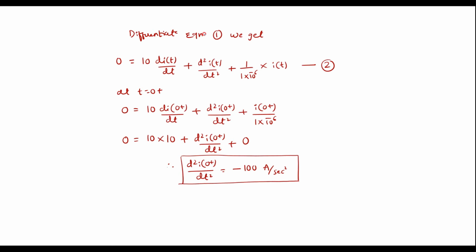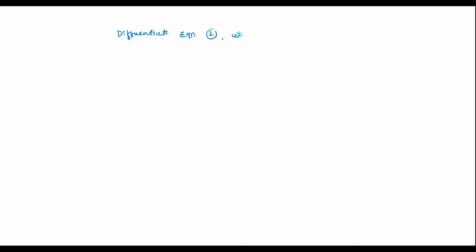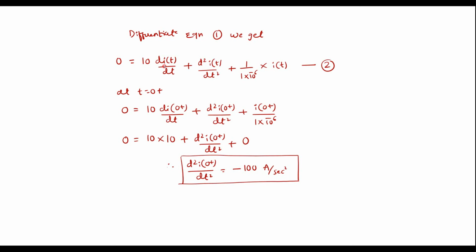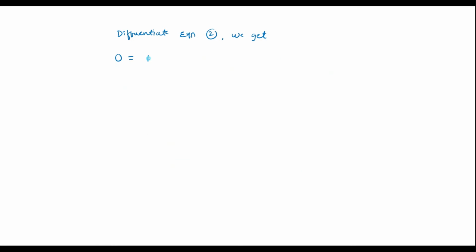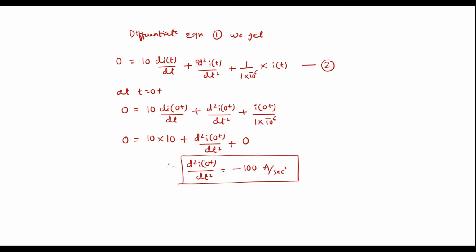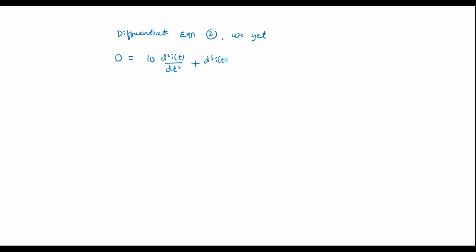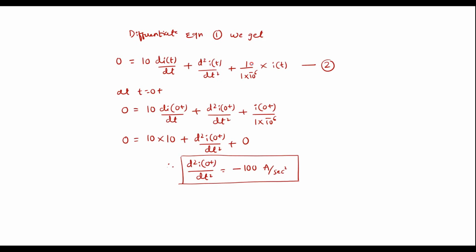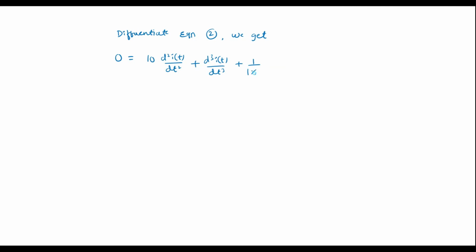We get, differentiation of 0 is 0, equal to 10 d square i of t by dt square, plus d cube i of t by dt cube, plus the constant 1 over C, that is 1 into 10 power minus 6, times di of t by dt.